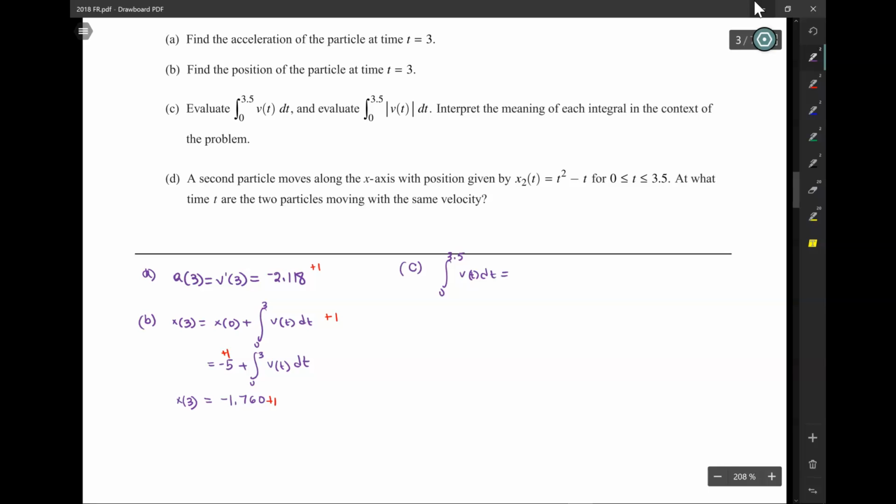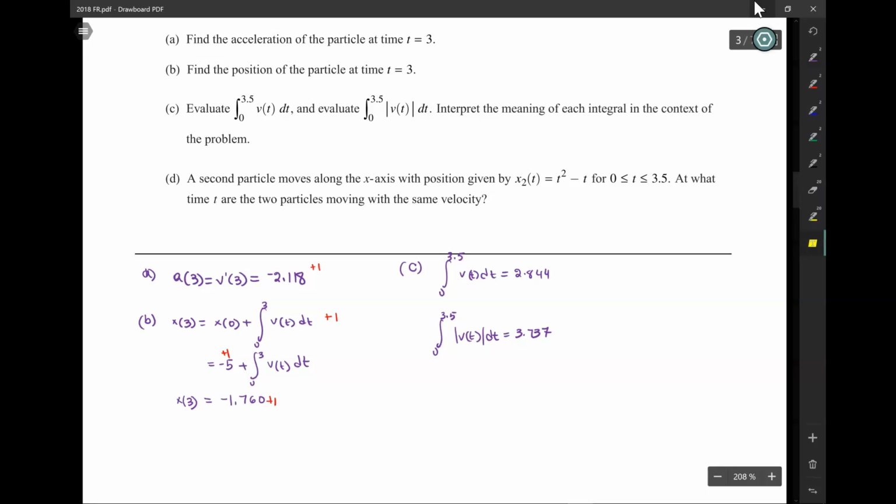You just did it in part B. So you take that, and all you have to do is change the bound, and you're done. Don't put in anything new, okay? So you get 2.844. Then you get the integral from 0 to 3.5 of the absolute value of v of t dt, 3.737.